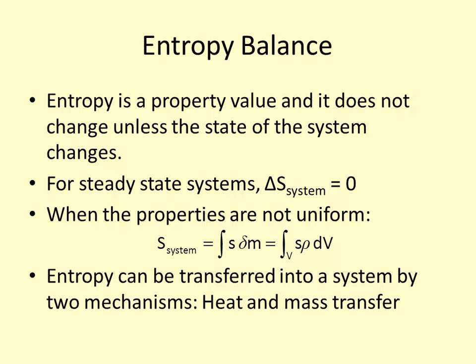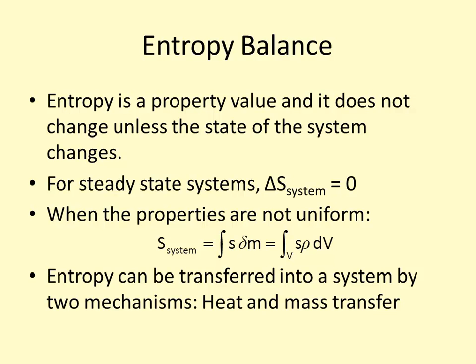So entropy is a property value. We can look it up in the table. So if we have a set state for our system, and we know, say, temperature and pressure, or maybe temperature and specific volume, we can go to the tables and we can look up the entropy value at that state. Okay, so as we move from one state to another, our entropy will change. So we'll have not only the entropy change due to changing states, so at state 1 it's a certain value, and at state 2 it's a certain value. We will also have some entropy generation that is dependent on the process.